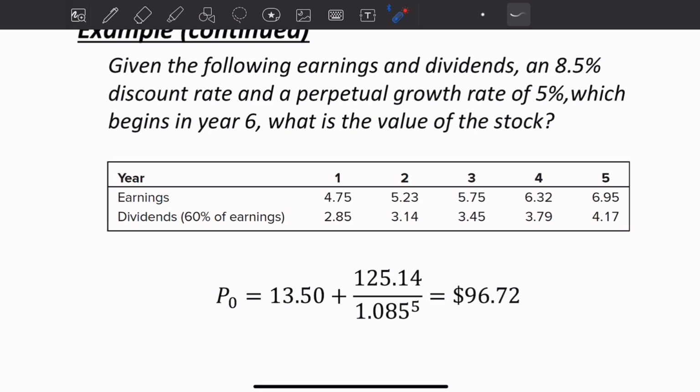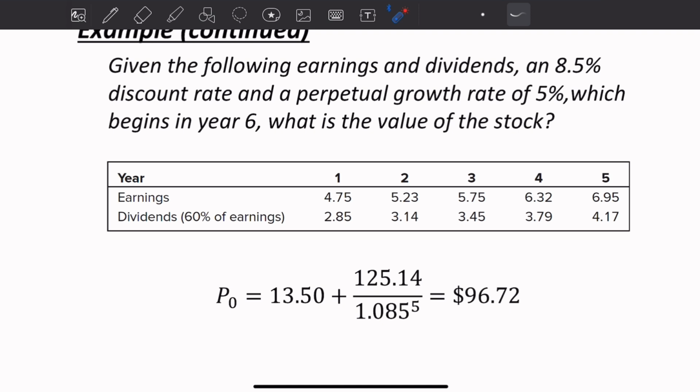So the dividends of the first 5 years that we have calculated to be $13.50, and then the constant growth period from year 6 onwards was calculated at the end of, or how much it will be by the end of the 5th year. We need to still discount it to bring it to time 0.